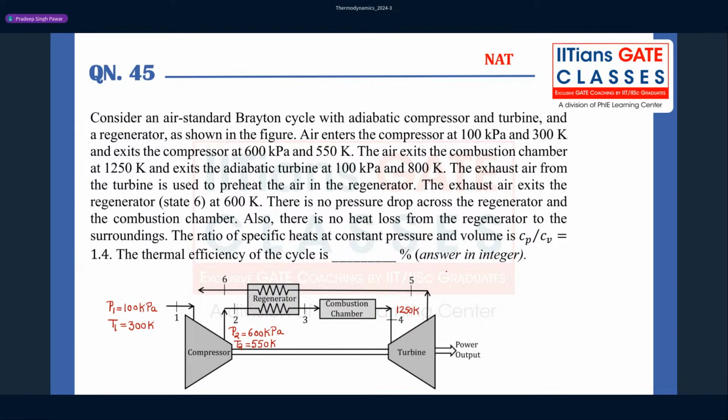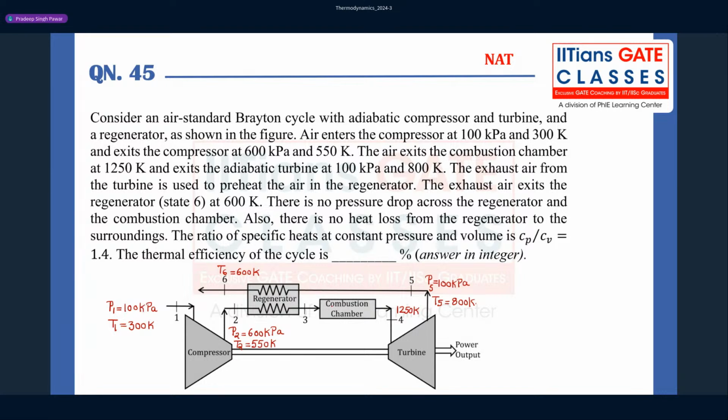Then it exits the turbine at a pressure of, let us say, P5, 100 kPa, and temperature T5 is 800 Kelvin. The exhaust air from this turbine is used to reheat the air which is coming from the compressor. And it is exiting, so T6 is given as 600 Kelvin.